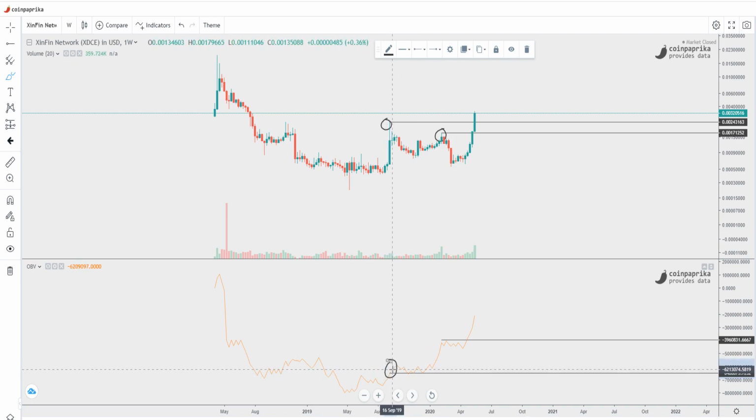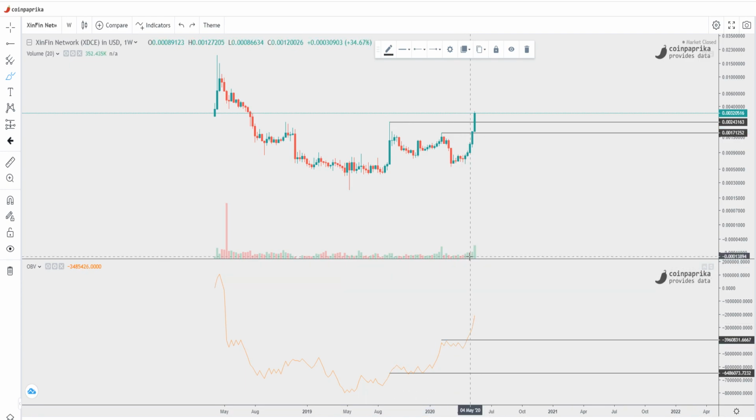For this one we didn't have any divergence at all, okay, no problem, but right here we had the strong divergence. As you guys can see, the buyers' volume went all the way up while the price made a lower high.